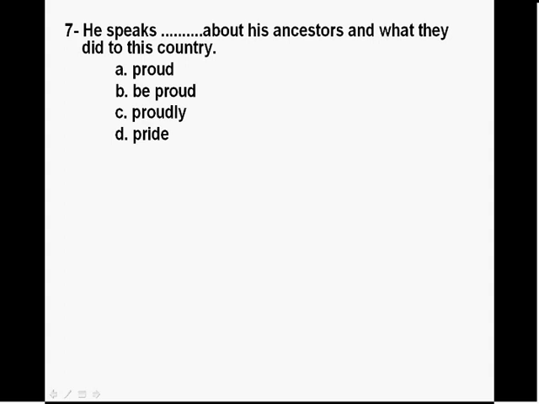Remember, we need a word which talks about how the action is done. Speaks. So if I need a word telling me how the action is done, then this word is an adverb. What is the clue to know that this word is an adverb? Excellent. The ending. Mostly you have ly at the end. So the answer is going to be, excellent, proudly. Very good.